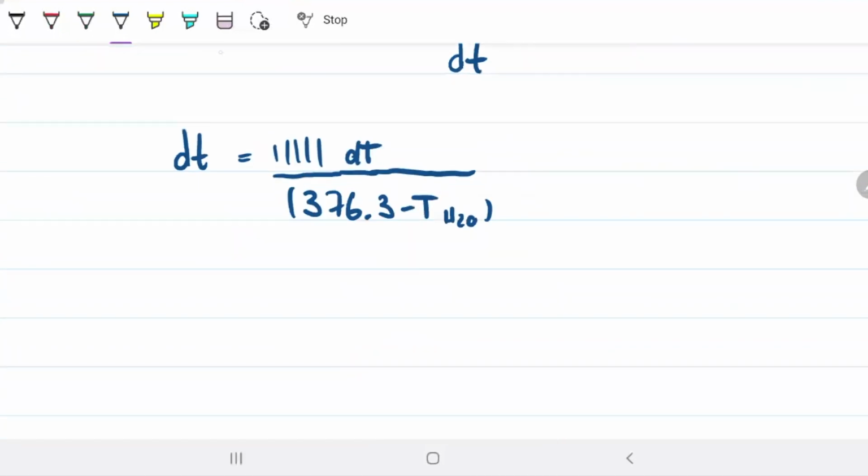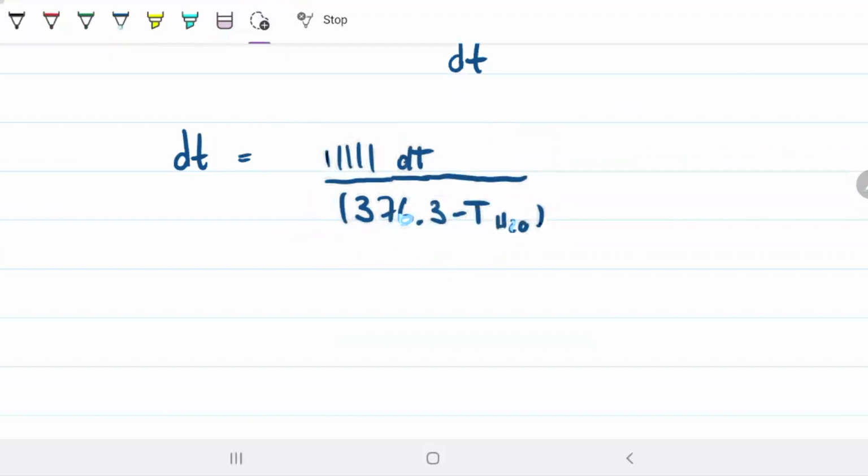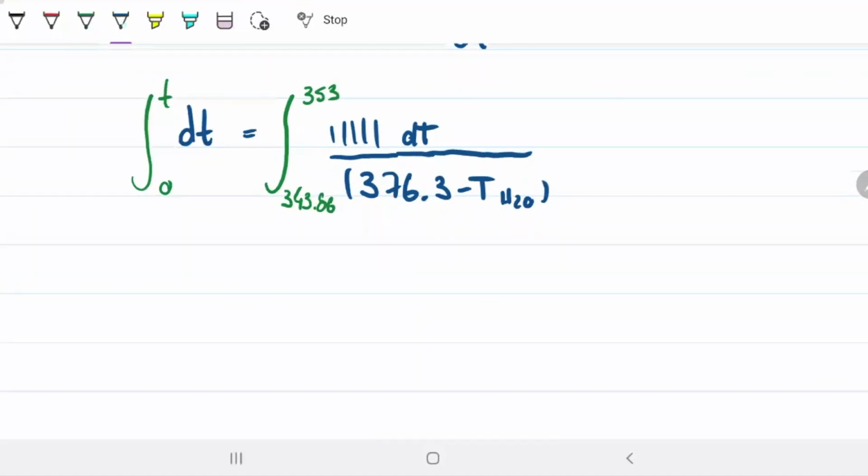But since we're doing this step by step, I'm going to go ahead and integrate this fella here, and we're going to integrate this from 0 to the time we're looking for, and this guy here from 346.86 to 353. On the left side, we have the time. On the right side, we're going to have this multiplying my negative natural log.